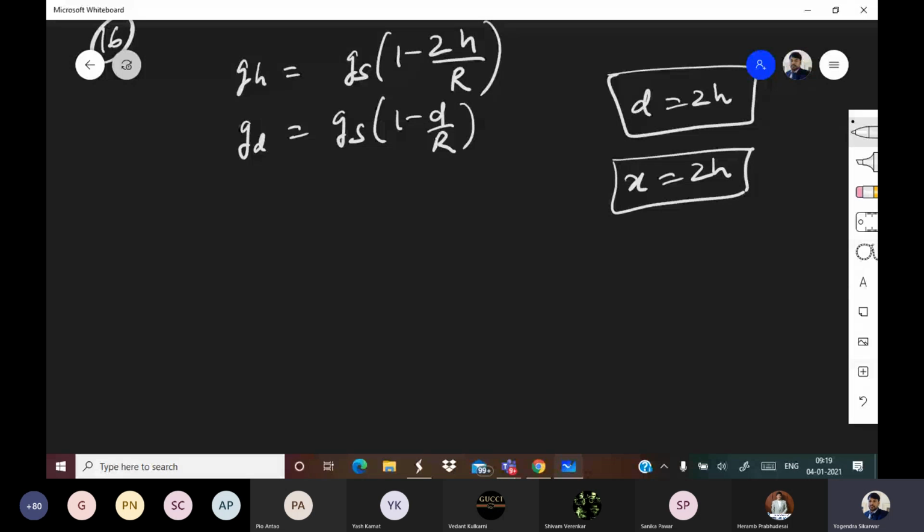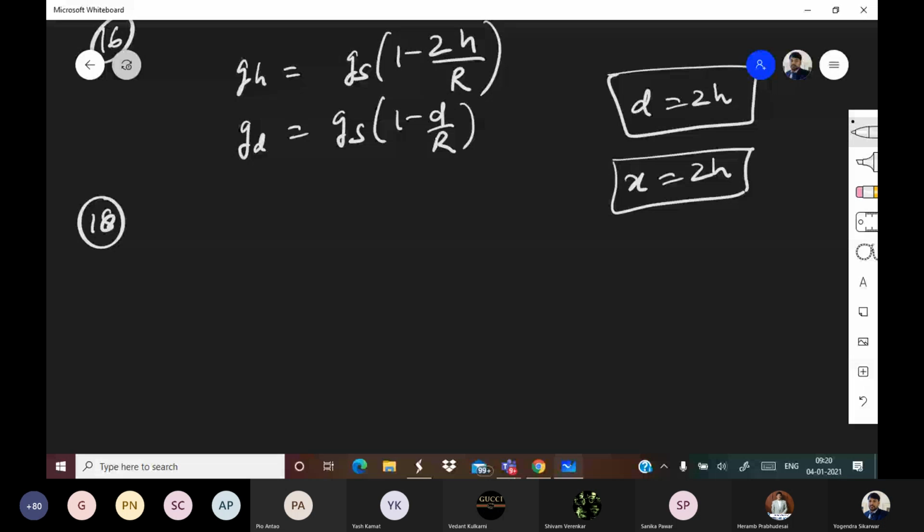Question number 18 and question number 21. Question number 18. An iron ball and a wooden ball have the same radius and are released from height h in vacuum. The time taken by both to reach the ground is, it will be equal. Why it will be equal? Because acceleration due to gravity will be same for both.